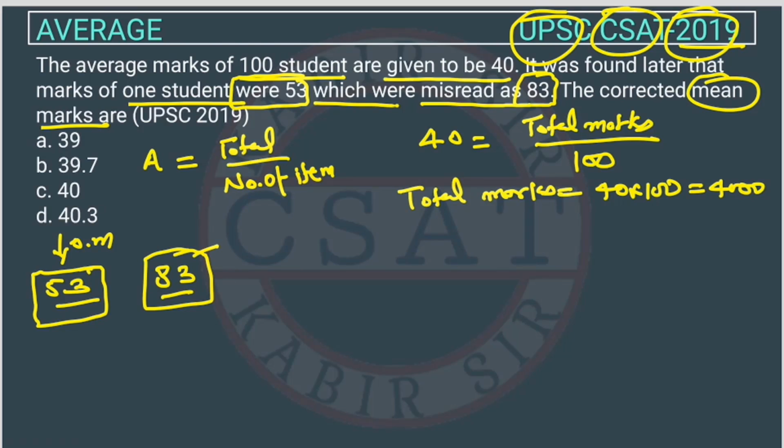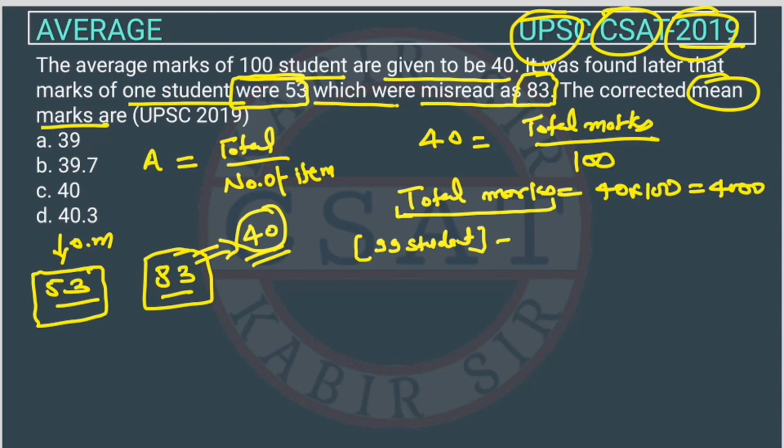So they calculated using 83. So the average marks 40 came by using 83, right? So in this total marks there is one student whose marks is 83, right? So we can write like there are marks of 99 students here, right? Plus 83 is equal to 4000. So we can take this 83 this side, so it will become like this, right?